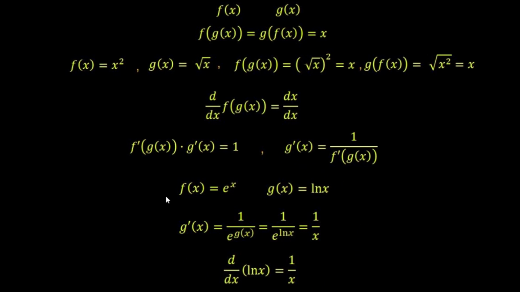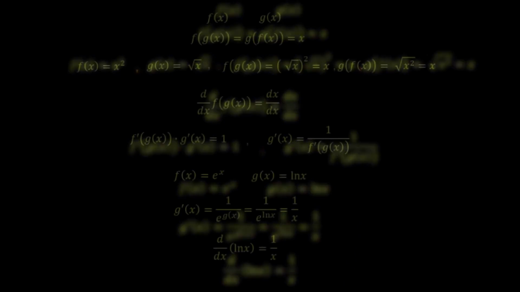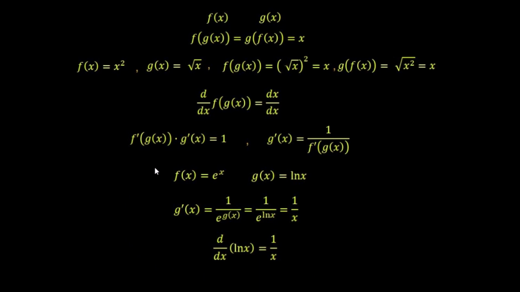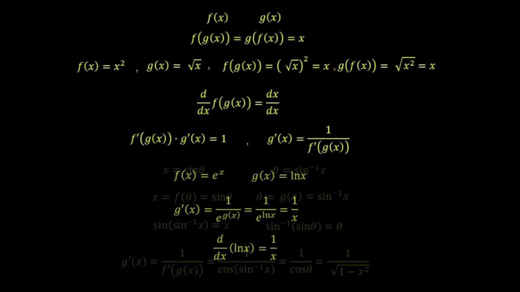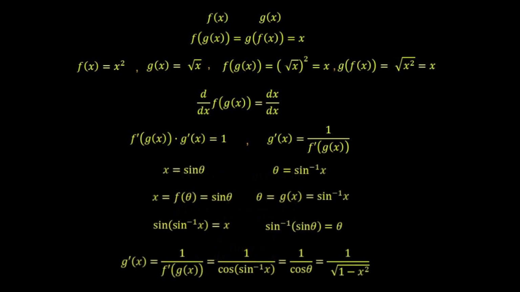So let's continue with this, and finally we will look at the same type of example, but we'll use the arcsine x. Now we can replace the example below here with the sine and inverse sine.